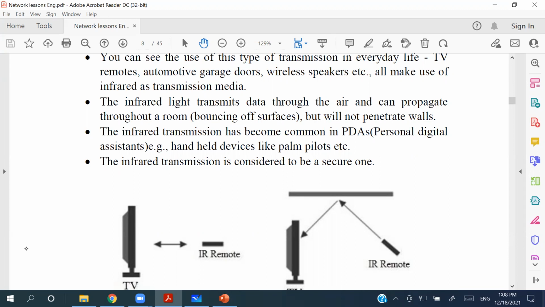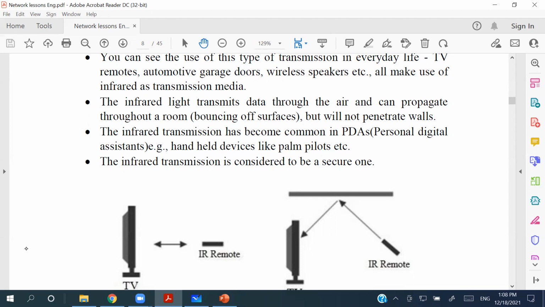So if you point your remote to the wall at the back of you, the TV is still going to work, because the signal goes and hits the wall and bounces back towards the TV, right? You can try it out and see whether it is working or not.